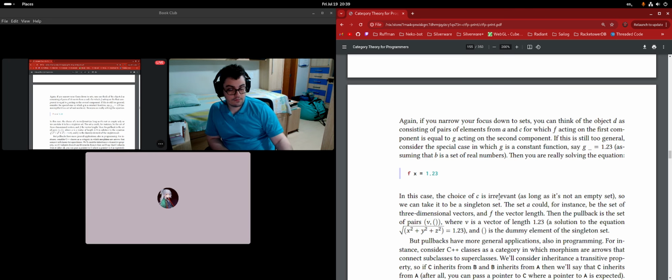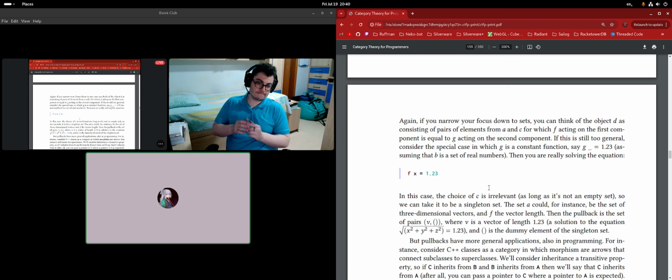The set A could, for instance, be the set of three-dimensional vectors, and F the vector length. Then the pullback is the set of pairs V and unit, where V is a vector of length 1. Wait, why is this the case? Because we're assuming that C is the unit type and G is a constant function, and F is the vector length, so it takes a vector and returns the length.